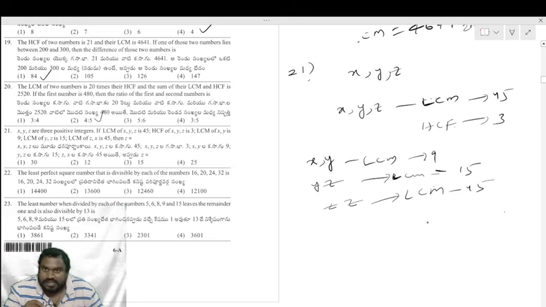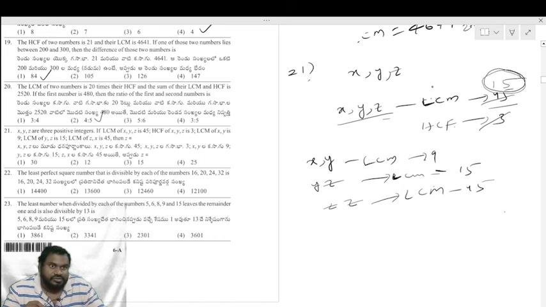Okay, in this type of question, for three numbers, if the LCM and HCF are given, you can divide them, so the 3 gets cancelled. And this quotient has to be factorized in such a way that the multiplication becomes 15.